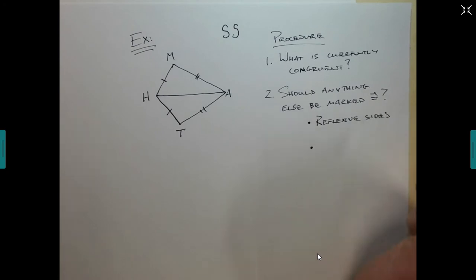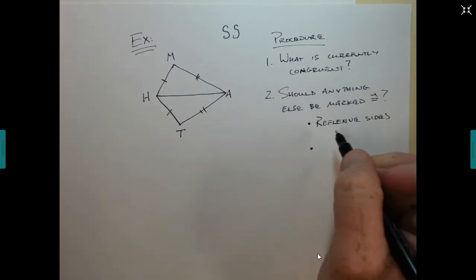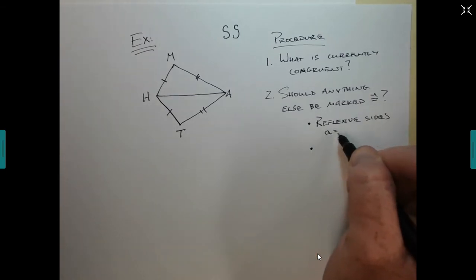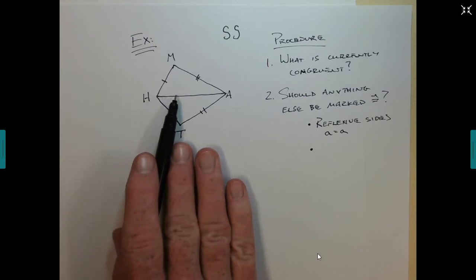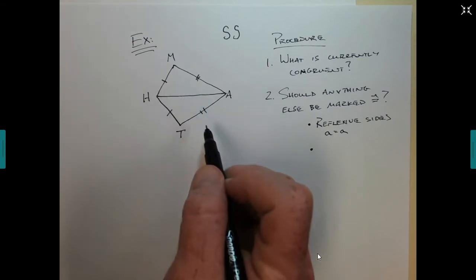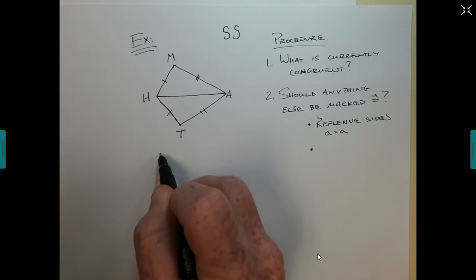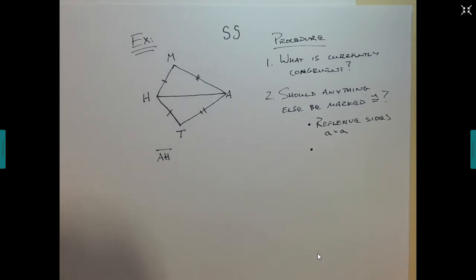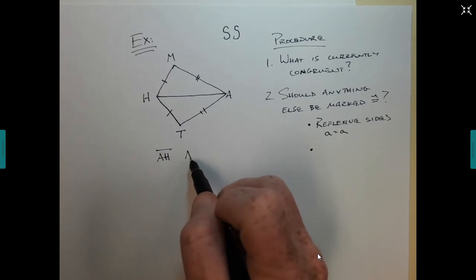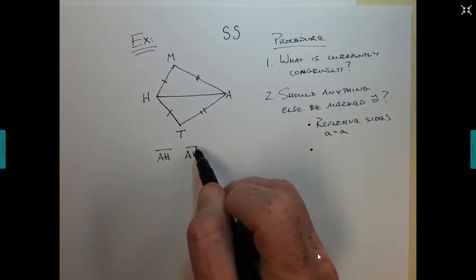sides. A reflexive side, we talked about the reflexive property. Remember, the reflexive property says something equals itself. Well, here's an example of reflexive sides. If you see that the triangle on the top has segment AH, the triangle on the bottom also has segment AH.